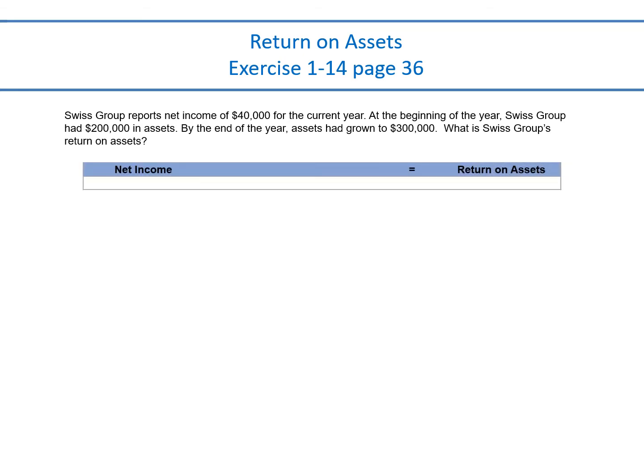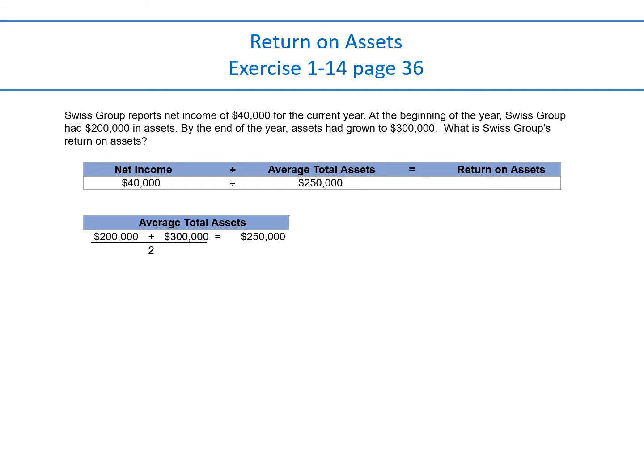So the formula for calculating return on assets is net income divided by average total assets equals return on assets. Net income is $40,000, as they tell you in the first sentence of the problem. To compute the average total assets, you take 200,000 at the beginning of the year plus 300,000 at the end of the year, divided by 2, for an average of $250,000.